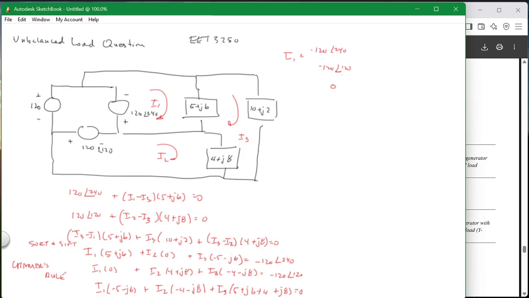That's what you do. And what's the third column? Well, it's this right here, this right here, and this right here. And now you can combine these. So it is minus 5 minus J6, minus 4 minus J8.